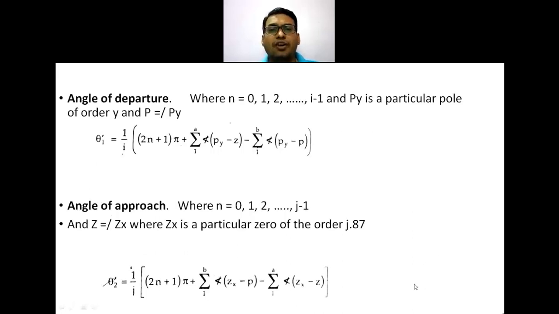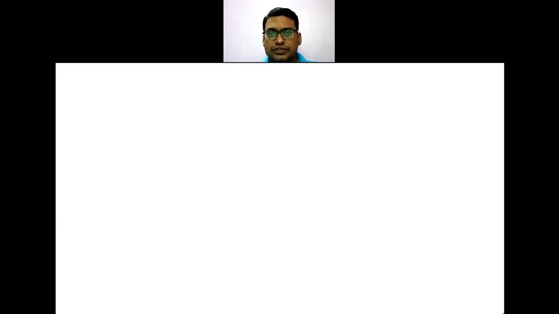The next is the angle of departure, calculated by (2n plus 1) into pi plus summation of angles from py to zeros minus summation of angles from py to the other poles, where n has the values 0, 1, 2 up to l minus 1, and py is a particular pole of order y, and p is not equal to py. Similarly the angle of approach is also calculated, the only difference being the signs.